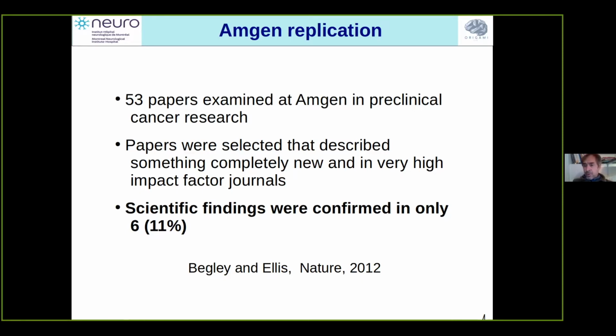So a very poor percentage, and maybe something like 20% where intermediate results were replicated. This was a bit of a shock to the NIH, which was mostly funding this research, but also to the community at large.